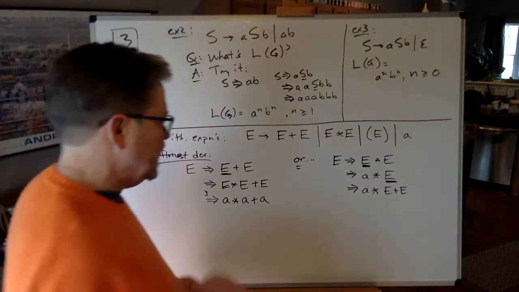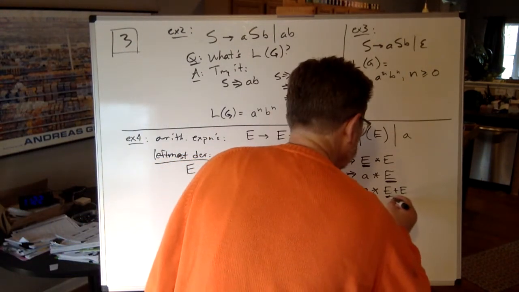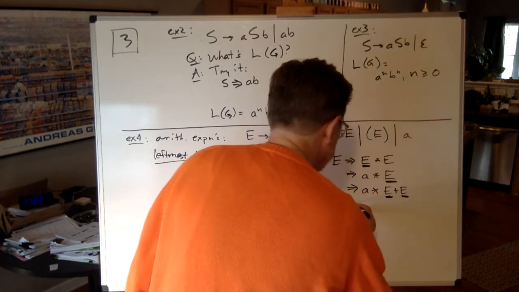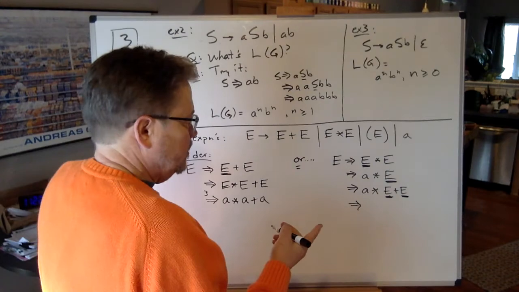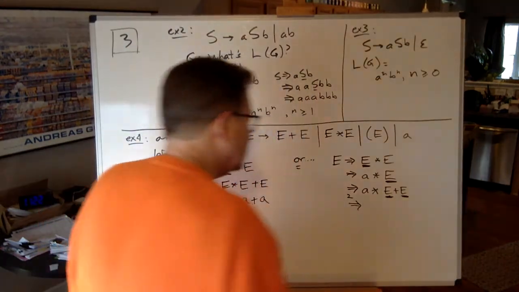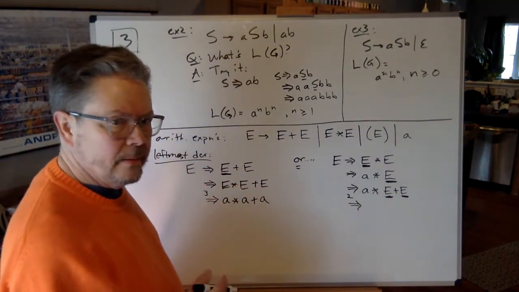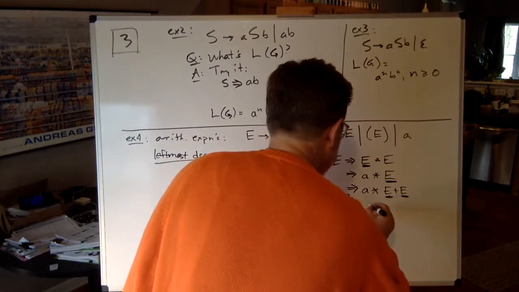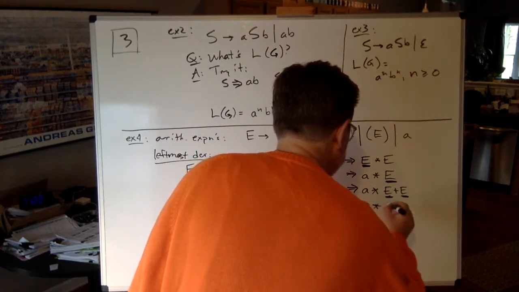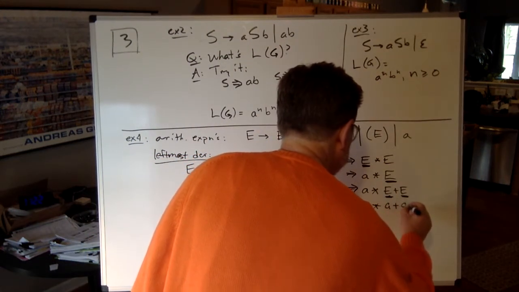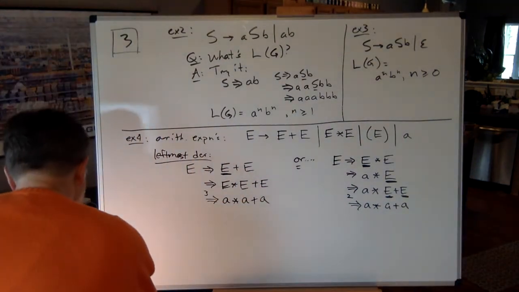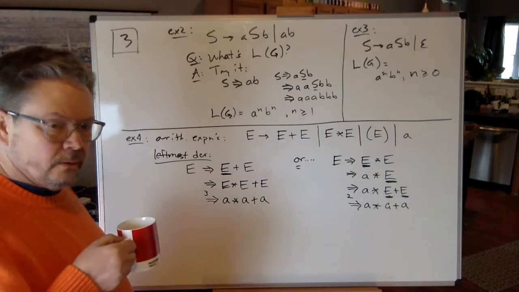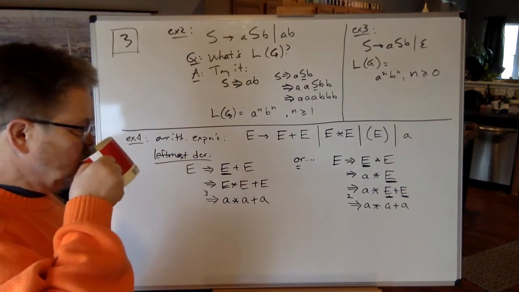This is getting old fast, so just like we did before, I'm going to combine steps here and replace both of those e's. A standard way would be just to indicate that I'm using exactly the same production rule twice here. A times a plus a. I'll step back and take a sip of tea while you admire our handiwork so far.